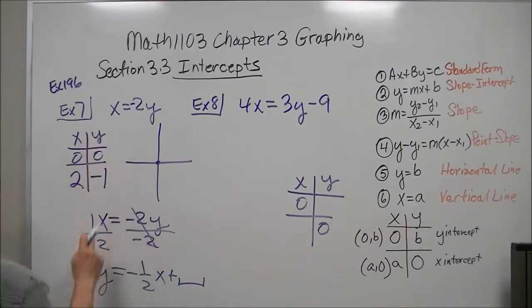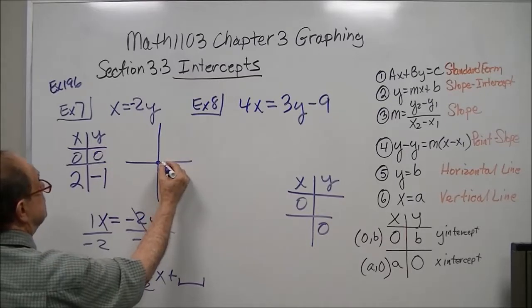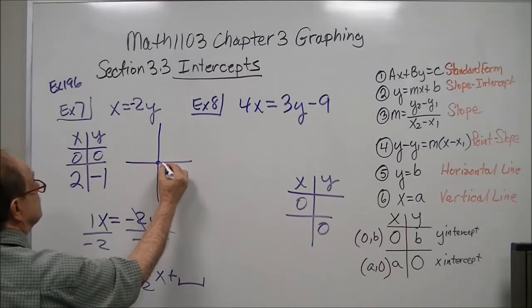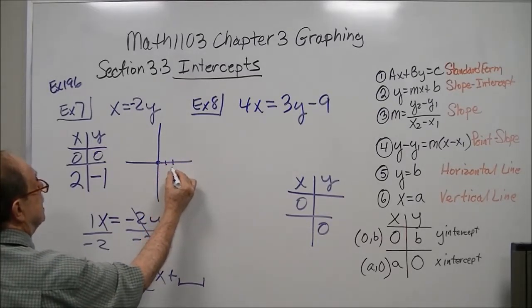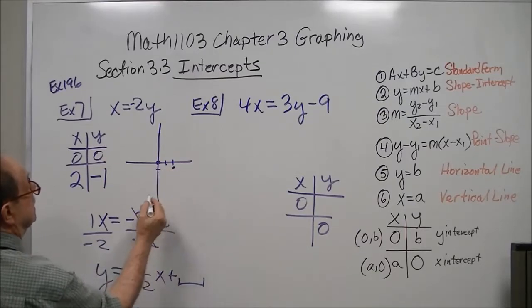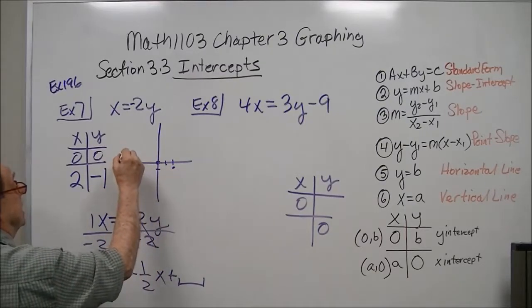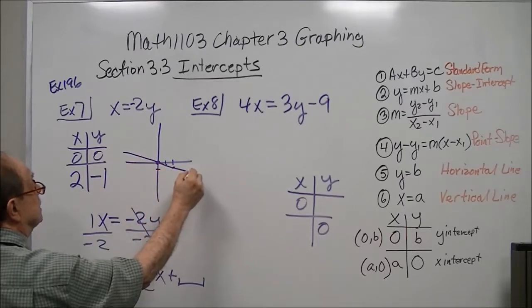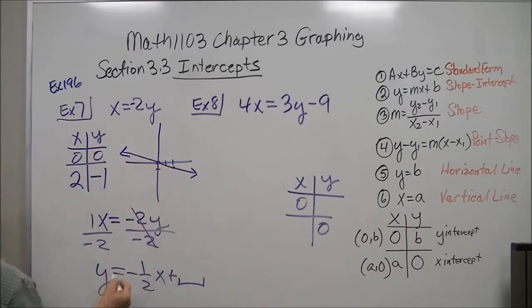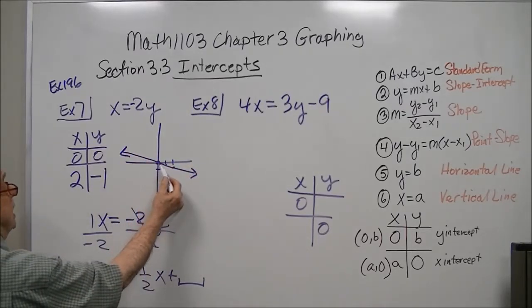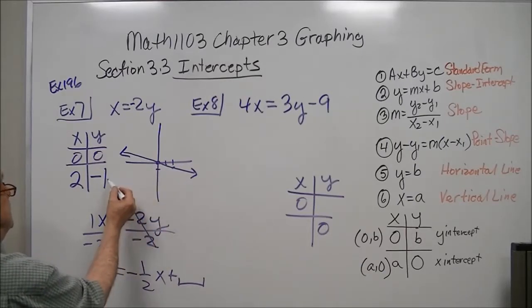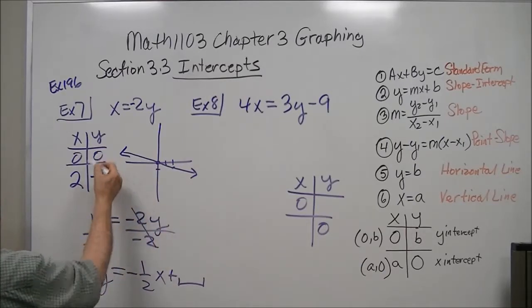So I have then 2, negative 1 right there. So there's my line here. So my x and y intercept is the origin. I needed another point to plot it.